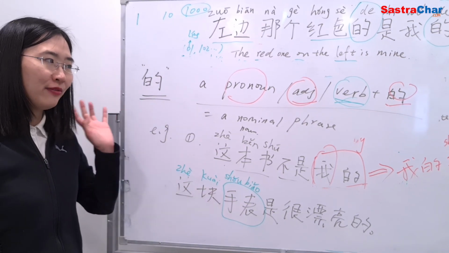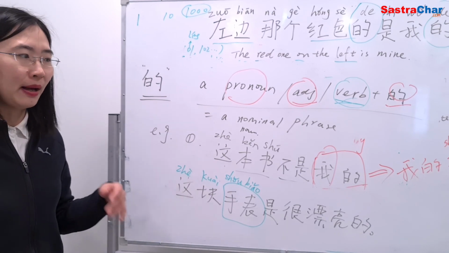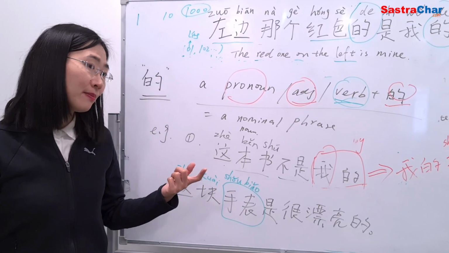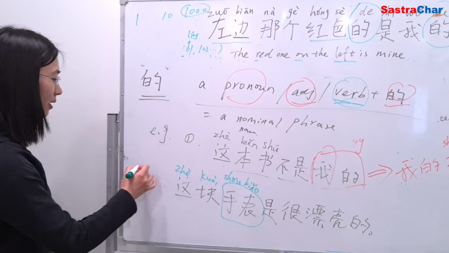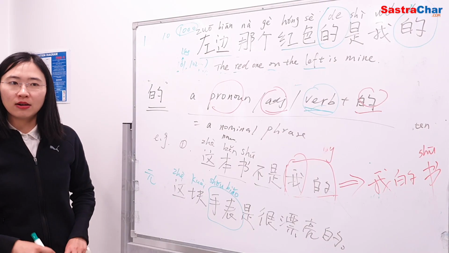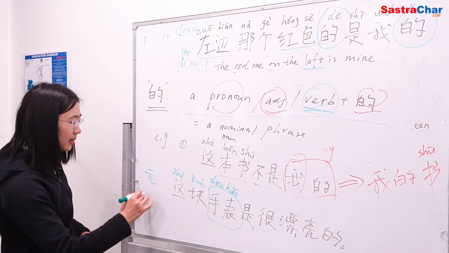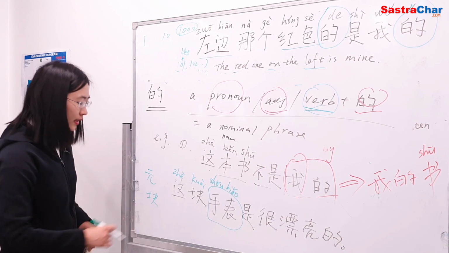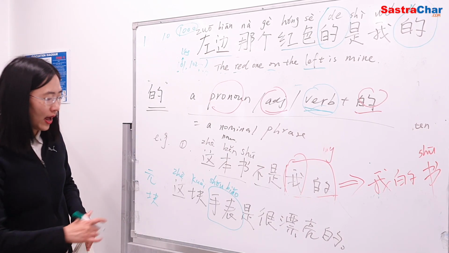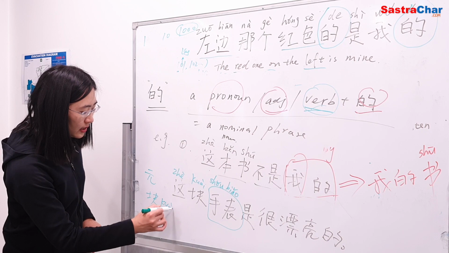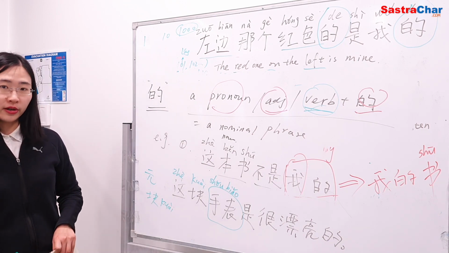What do you know about 块? Yeah, I think we have learned 块 when we were talking about Chinese 人民币 yuan. Remember? So how much is it? Oh, it's 10 yuan, 10 块. So 块 is like a dollar.